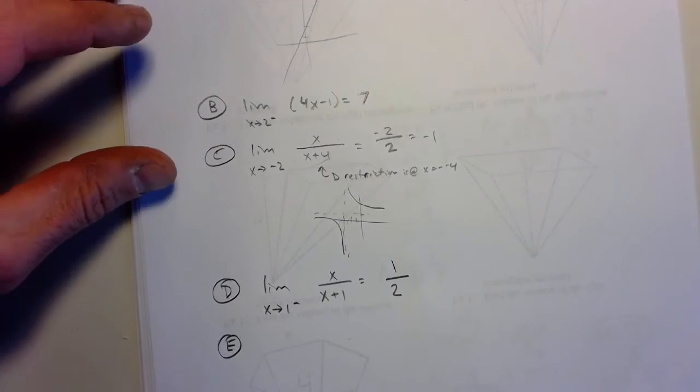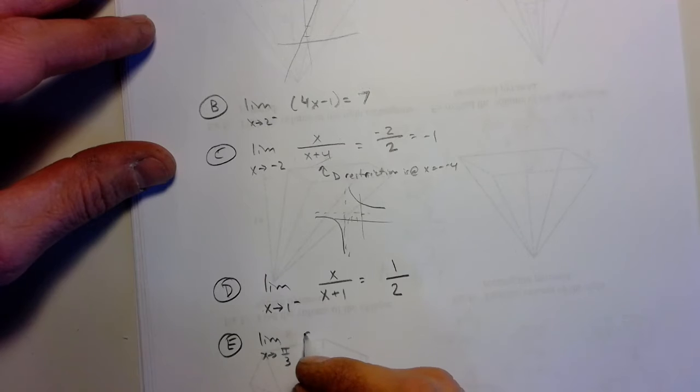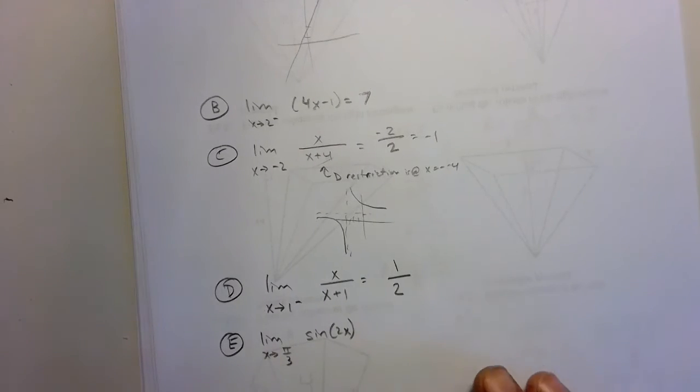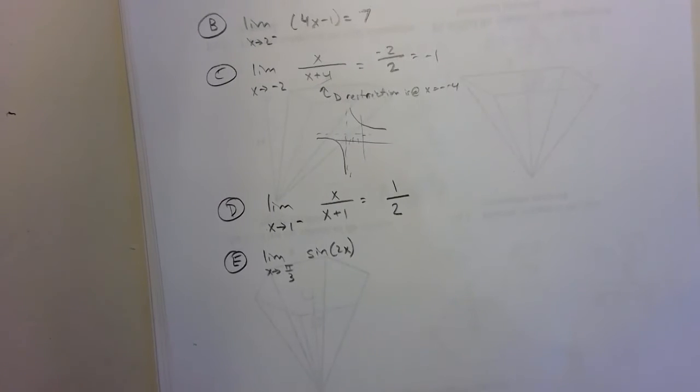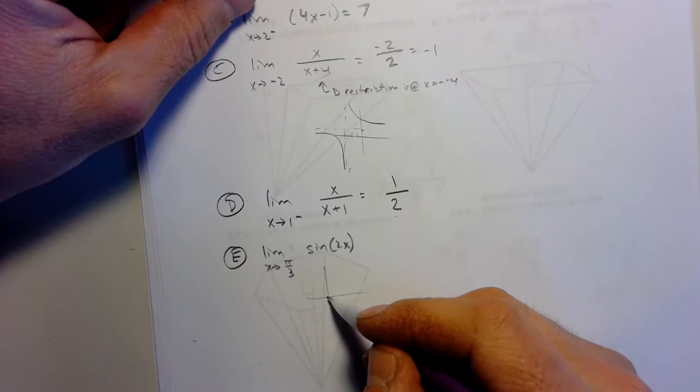Let's say we have some trig, because you might have trig functions to deal with. What do you first do? It operates on the same principle of, is this function nice and is there anything special happening at that value of pi over 3? If we think about the graph of sine, and I know that the periods change, our sketch of the graph is pretty much going to look like this.